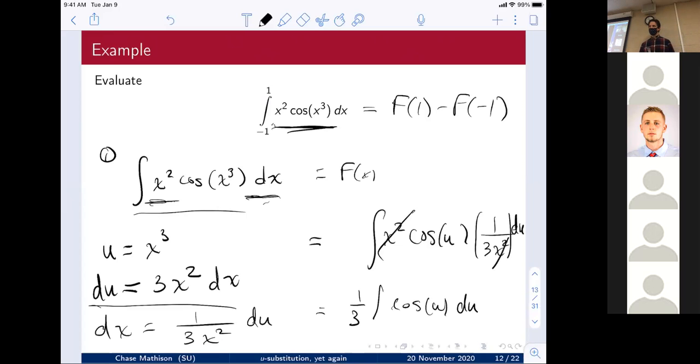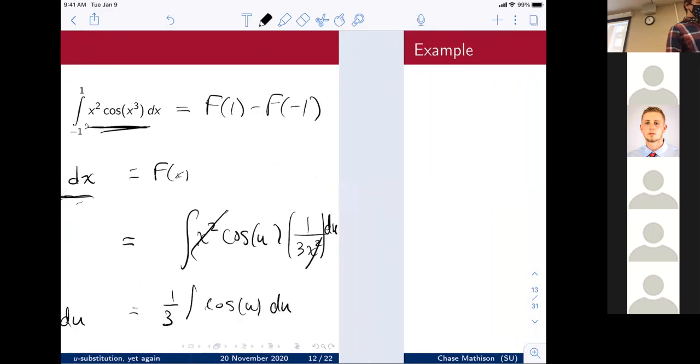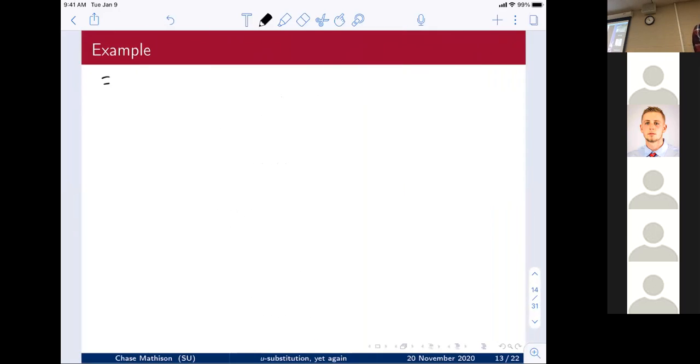Questions on that? All right, what is 1/3 times the indefinite integral of cosine of u du? Sine u. Yeah, perfect. Technically plus c.